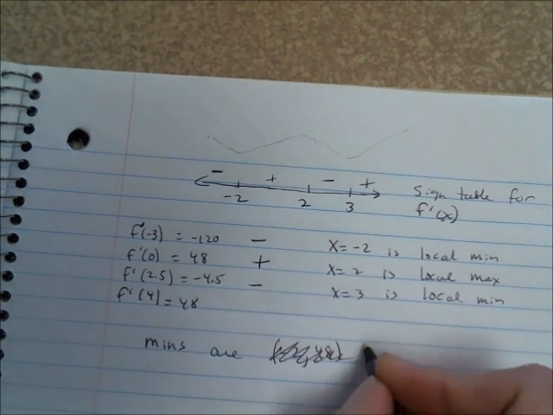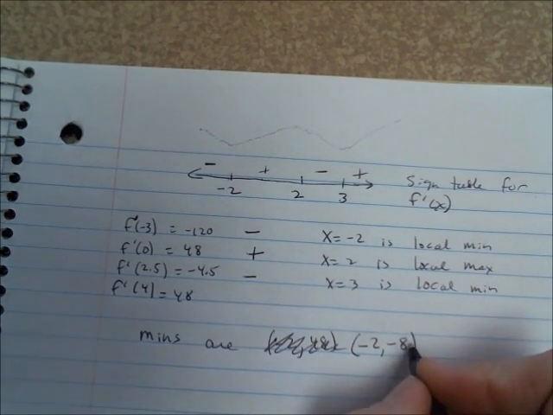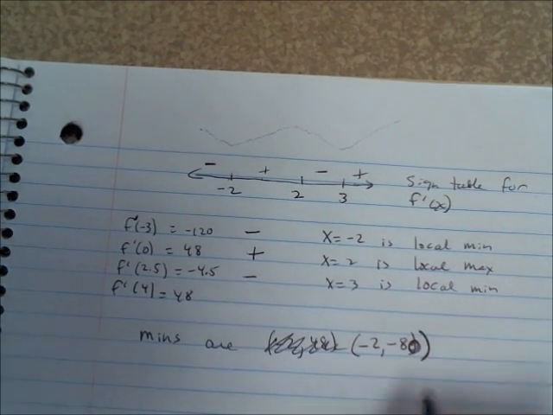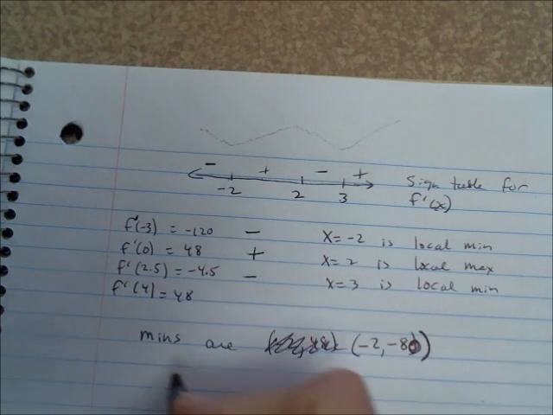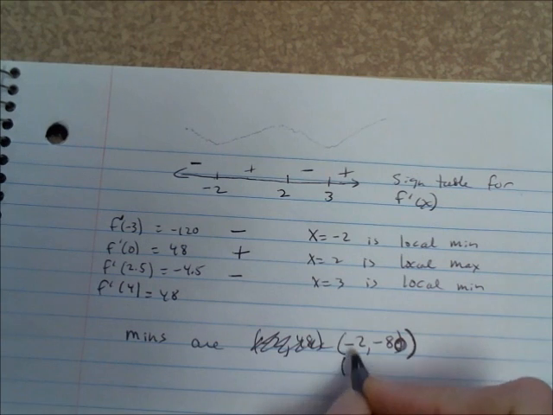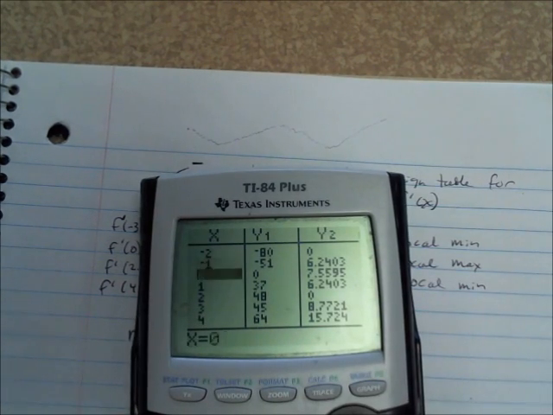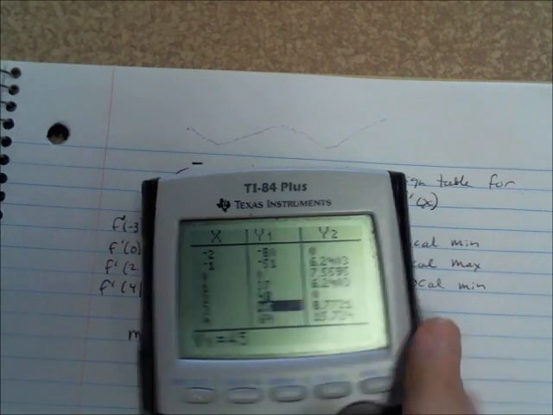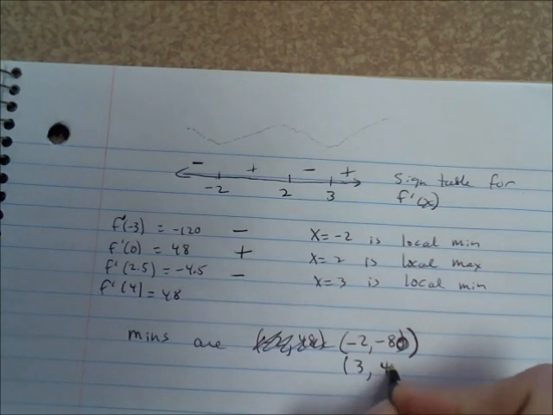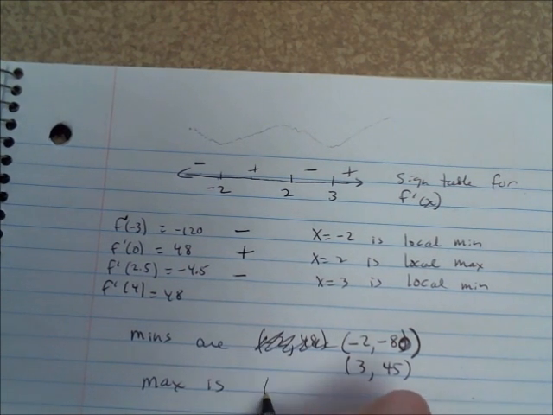So -2, -80, there's a min. The other local min is at x equals 3, and when x equals 3, y equals 45. And the max is when x equals 2, y is equal to 48.